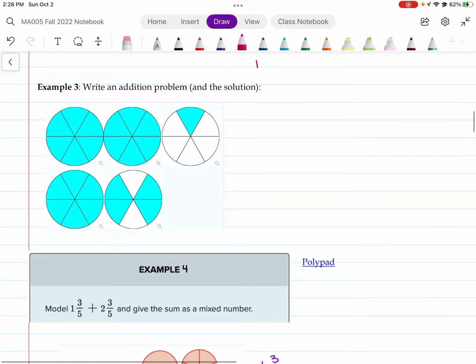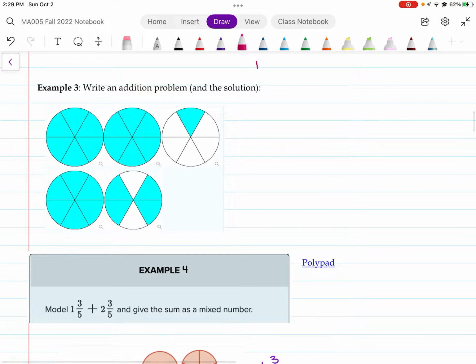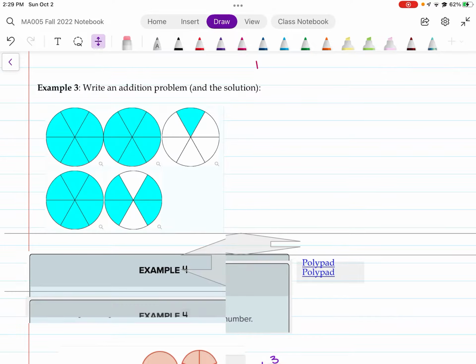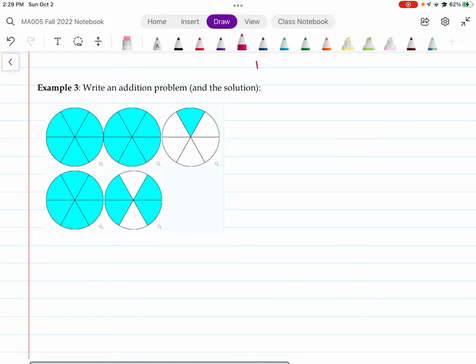Write an addition problem and the solution for this next problem. So let's move that one out of the way, and we get an addition problem. First we're going to have 1, 2, 3, 4, 5, 6. So make sure everything's got 6. All right, so this first one, we're going to do it with mixed numbers. So here's 1, and here's 1 out of 6.